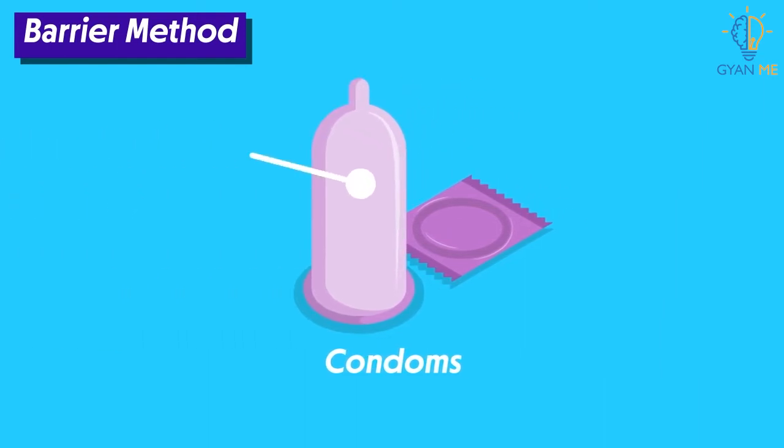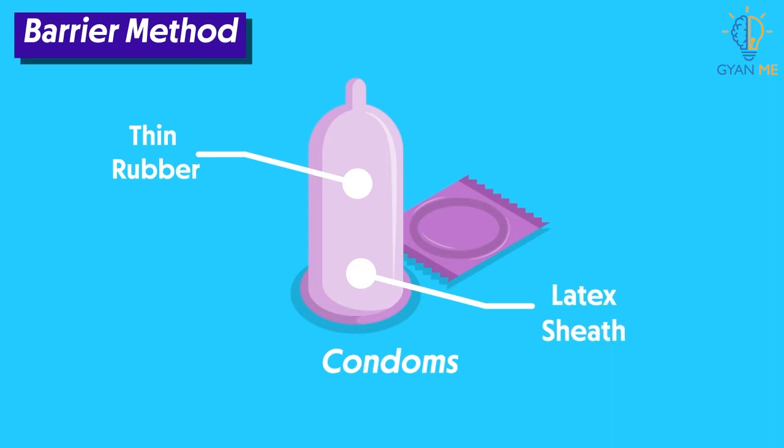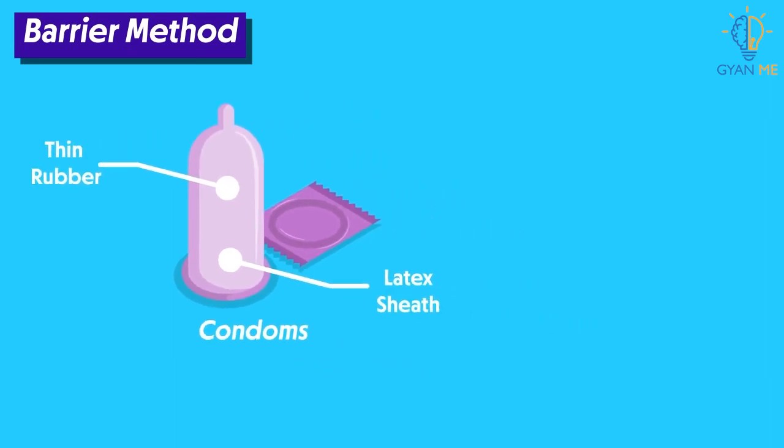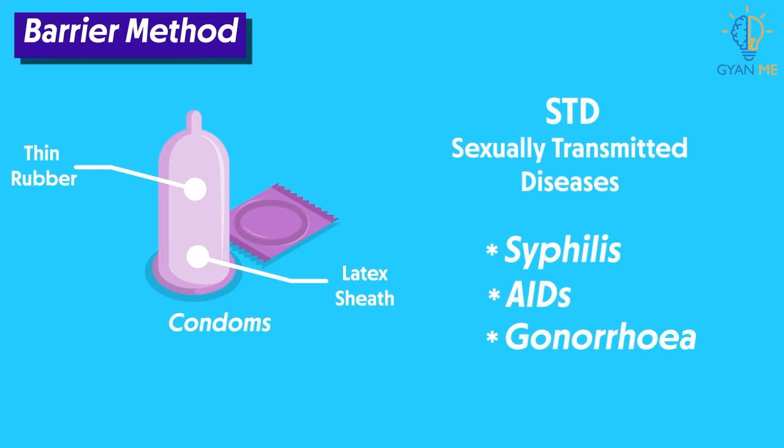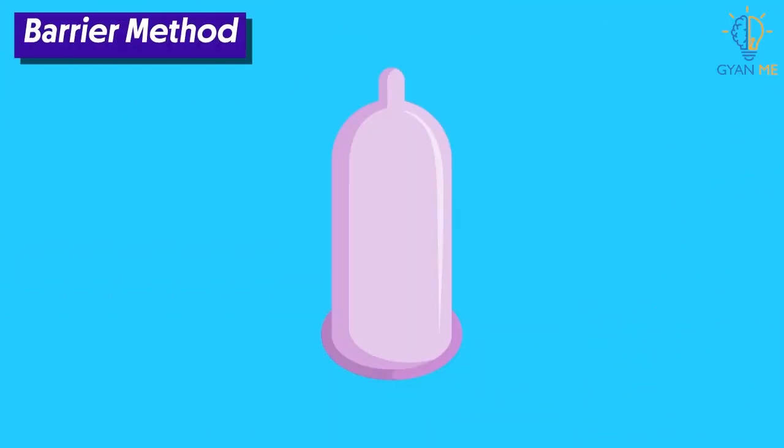Condoms are made of thin rubber or latex sheath. They also protect against STDs, that is sexually transmitted diseases like syphilis, AIDS, gonorrhea, etc. Thus, using this covering for the penis during sex helps to prevent transmission of many of these infections and birth control to some extent.